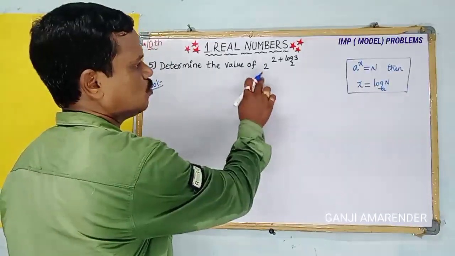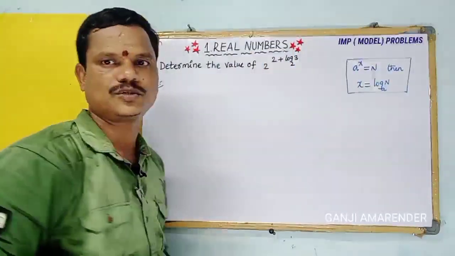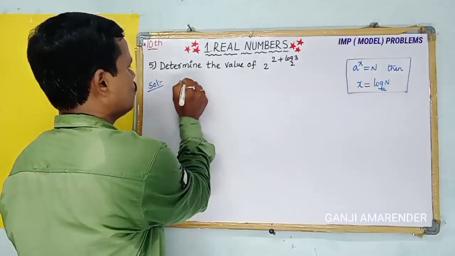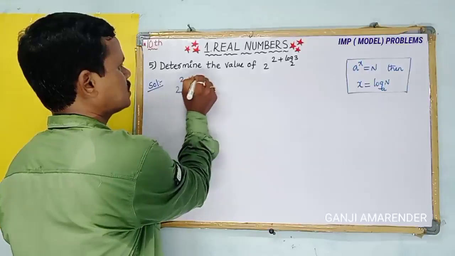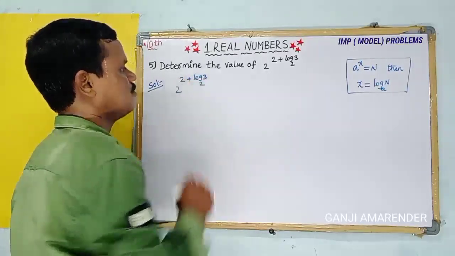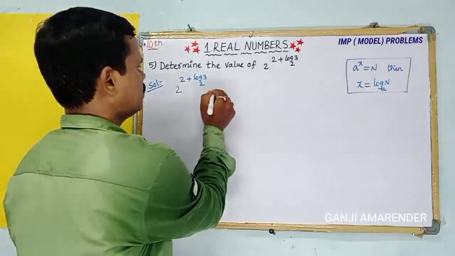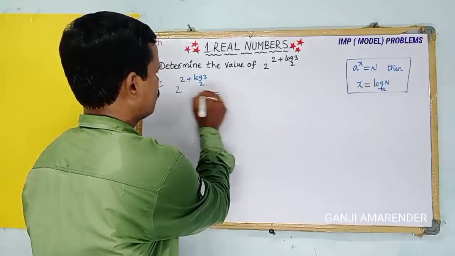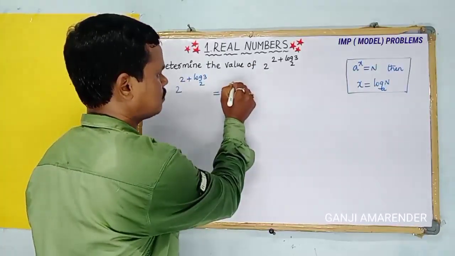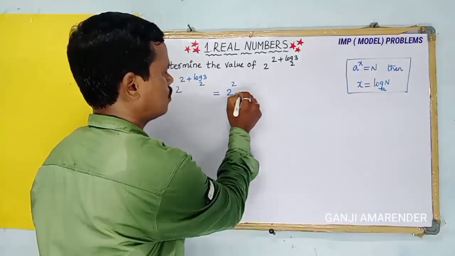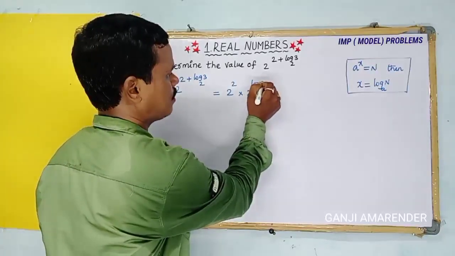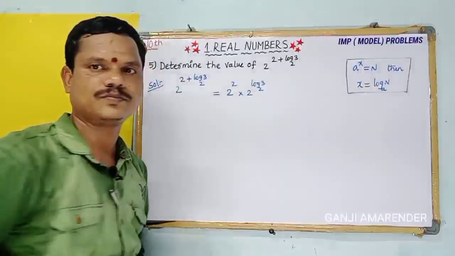Fifth problem. Determine the value of 2 power 2 plus log 3 base 2. So we have to find the value of 2 power 2 plus log 3 base 2. This is equal to 2 power 2 into 2 power log 3 base 2.